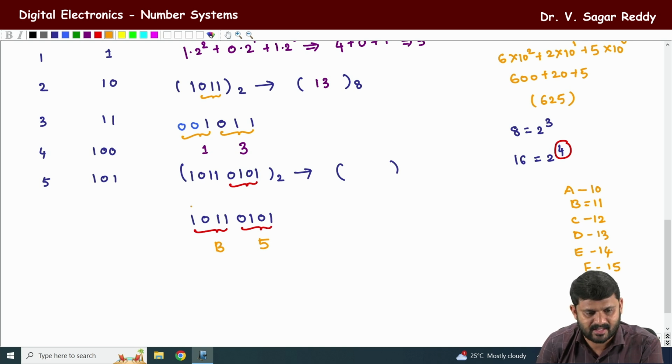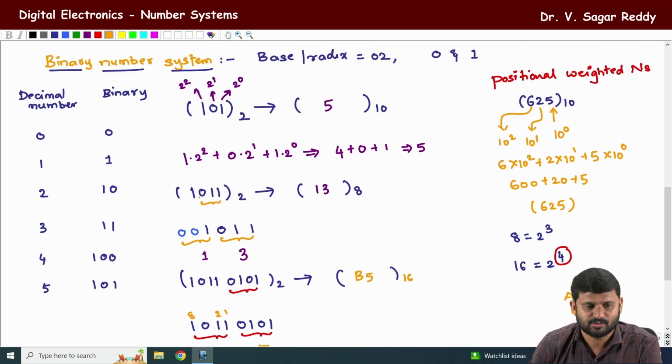Here 8 plus 2 plus 1 is 11, so B5. This is the hexadecimal equivalent for the given 10110101. I hope you understand how to convert a binary number into decimal, binary into octal, and binary into hexadecimal.